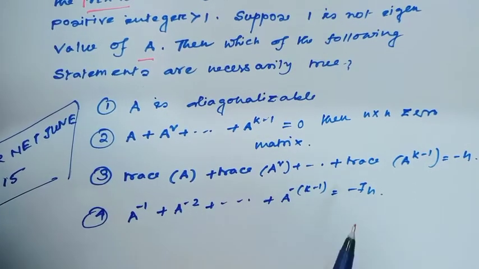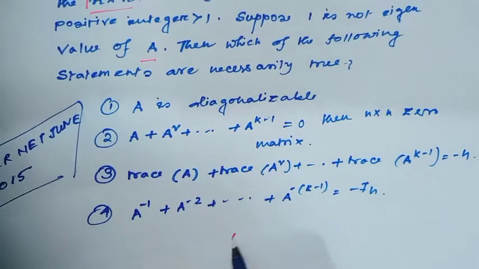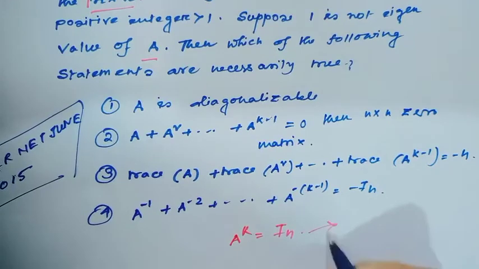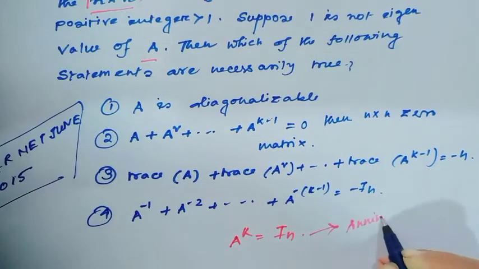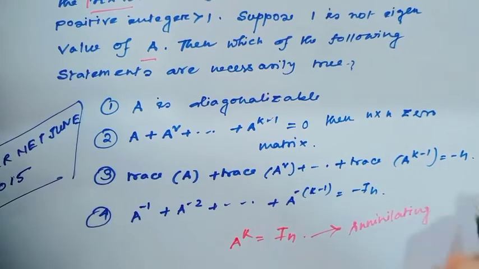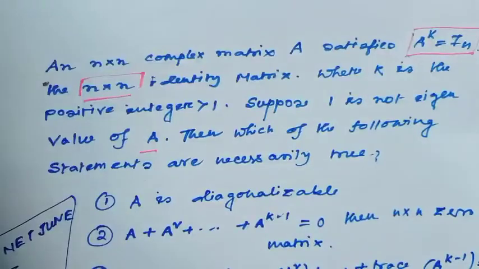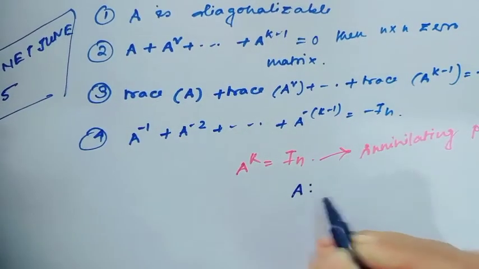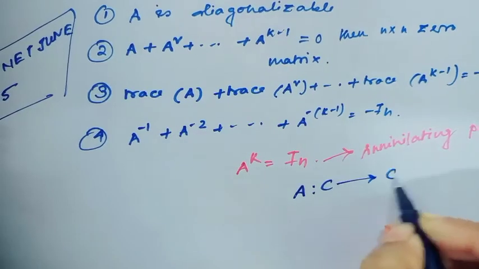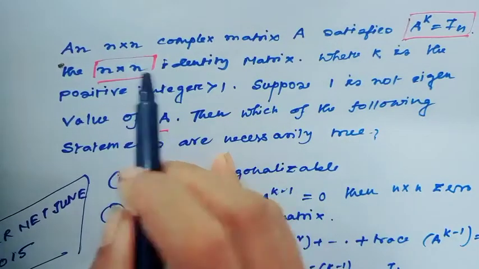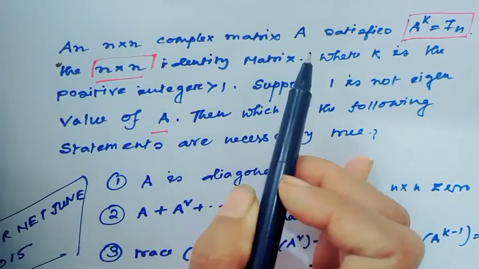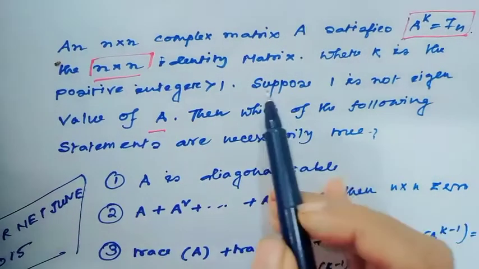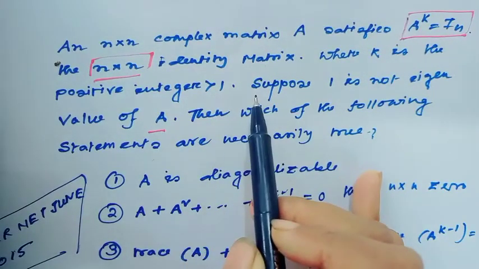Let's verify these options. Here, since A to the power k equal to identity, that means obviously this is the annihilating polynomial of the linear transformation A, which maps from complex numbers to complex numbers, because here it is given that A is an n cross n complex matrix which satisfies this equation, and k is any positive integer greater than 1.